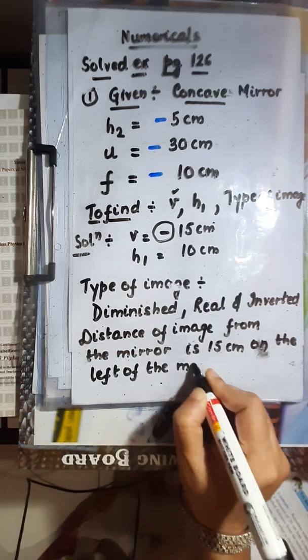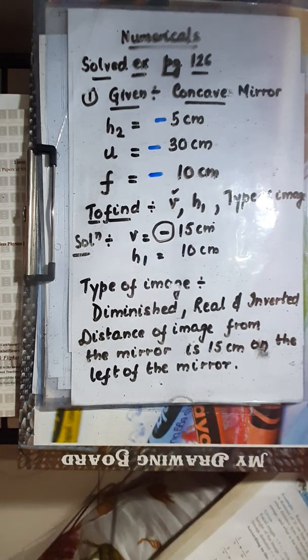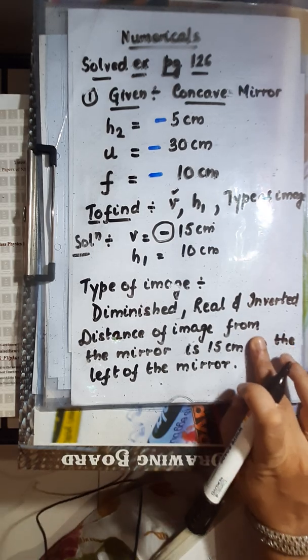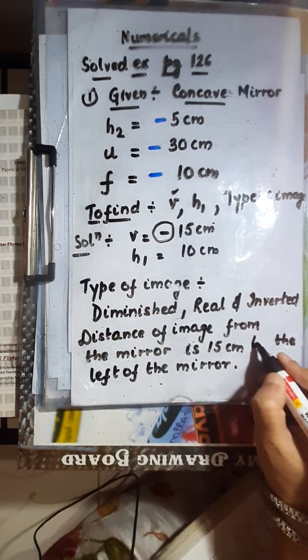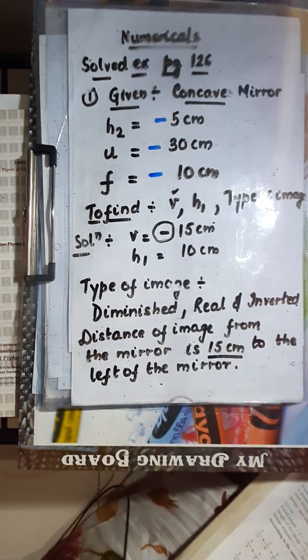Not on the right of the mirror. It has to be placed on the left of the mirror. So distance of the image from the mirror is 15 centimeters, on the left of the mirror, or we say to the left of the mirror. 15 centimeters. But we do not put the negative sign. We write it as positive.